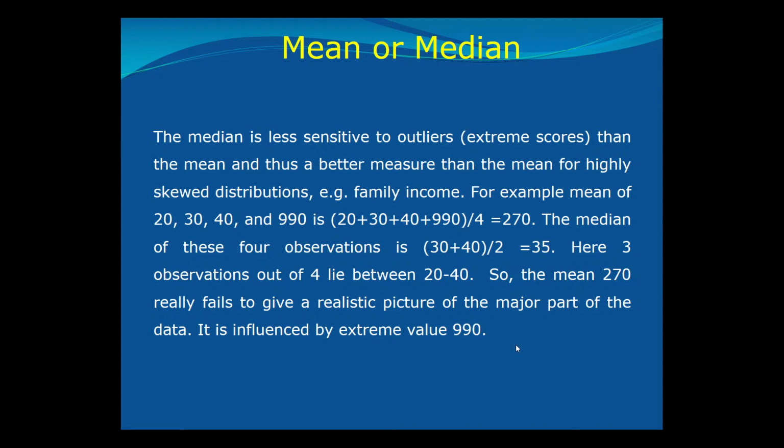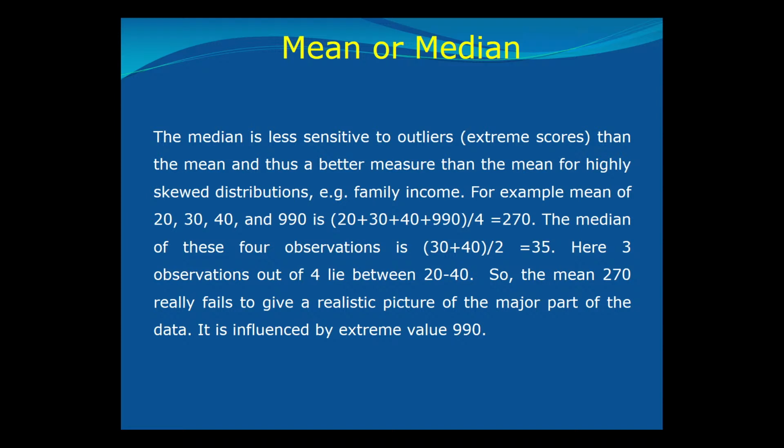Why do we have so many central tendency values, and how do we understand which central tendency should be used? Mean, median, or mode. The median is less sensitive to outliers or extreme scores than the mean, and thus a better measure than the mean for highly skewed distributions. For example, let's take family income.